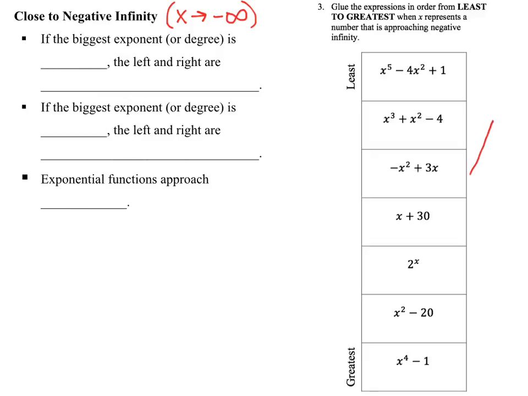So the point where we changed from positive to negative was right here. Everything above this line was negative. Everything below this line was positive. And then in between them was just 0. So the x to the 5 minus 4x squared plus 1, x to the 3 plus x squared minus 4, and x plus 30.